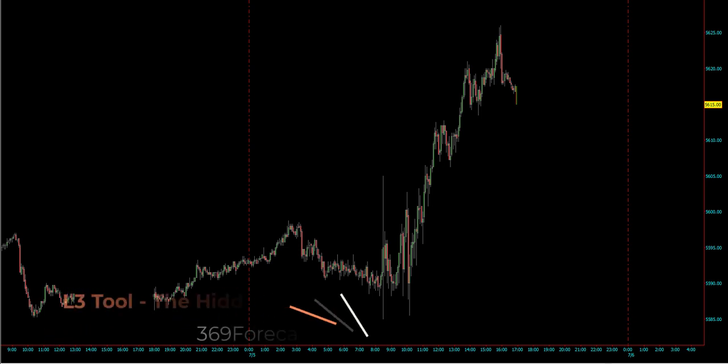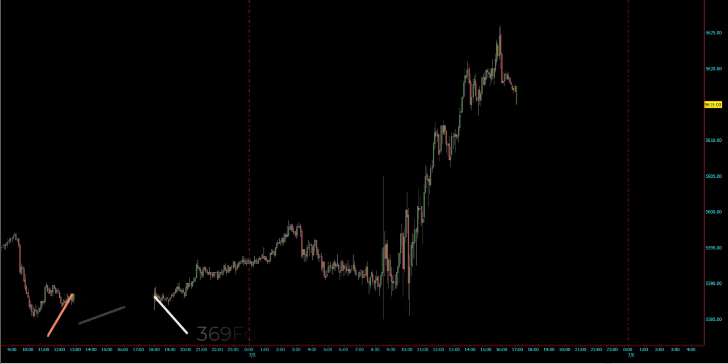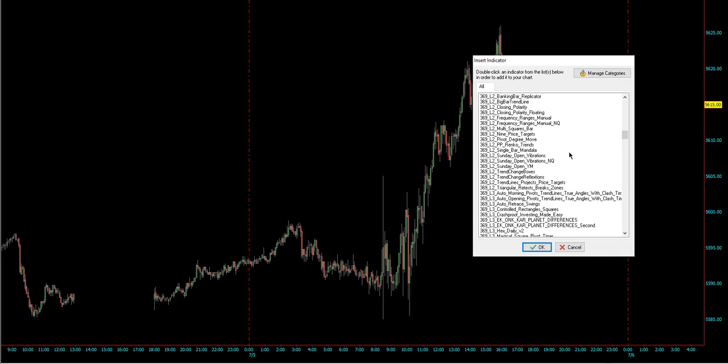This is a quick demo of 369 Level 3, what we call the hidden beams of magnets. To drop these tools, we have two starting points.